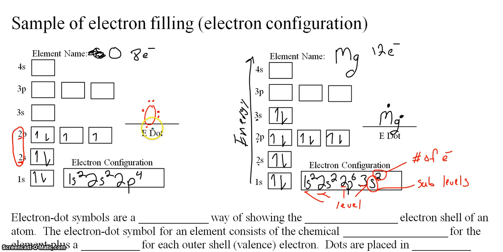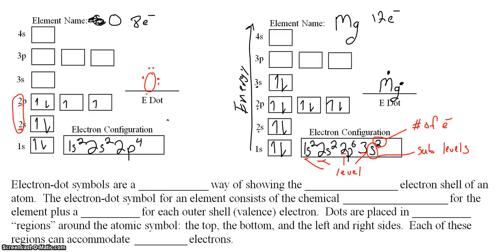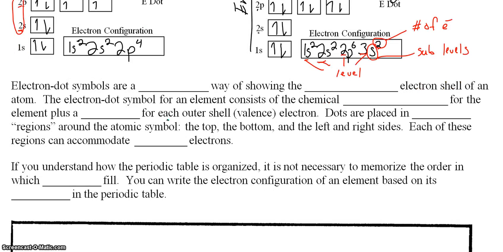Now, let's talk a little bit more. Let's fill these notes in here, and then we'll give you some time to work on some examples. Okay, let's stick with red if that's looking okay for you. Electron dot structures are simple ways of showing the outermost electron shell of an atom.